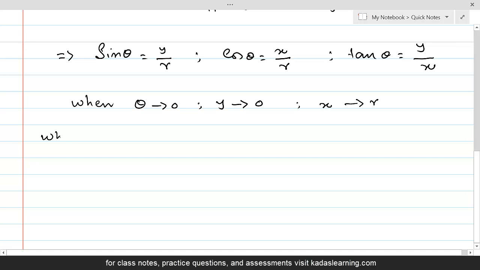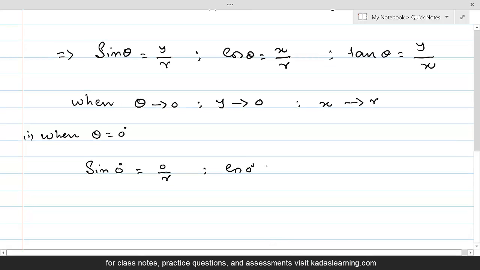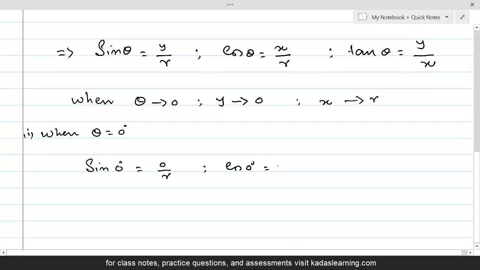So when theta is equal to 0, this will be our first special trigonometric ratio. When theta is equal to 0, then sine of 0 degree would be equal to 0 over r, cos 0 degree would be equal to r over r, and tan 0 degree would be equal to 0 over r.